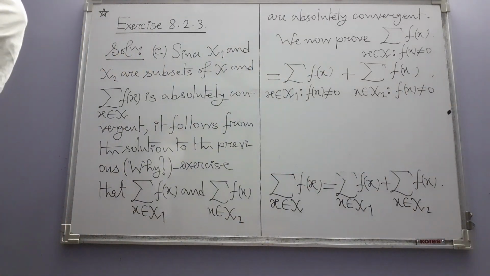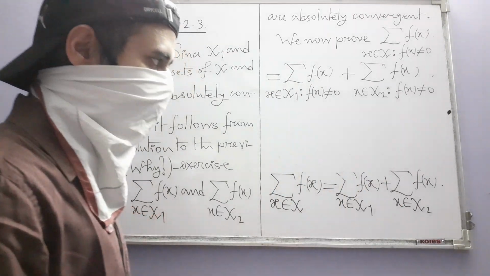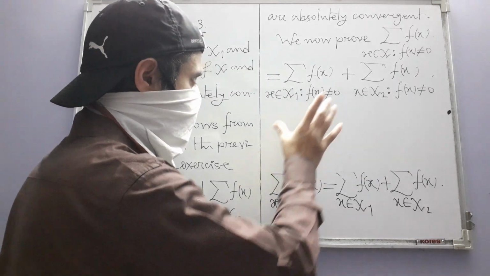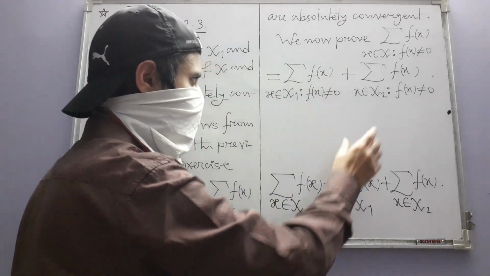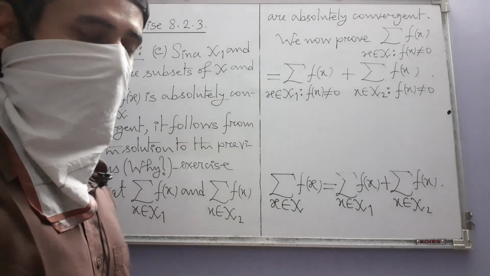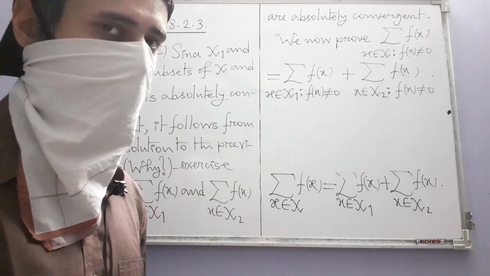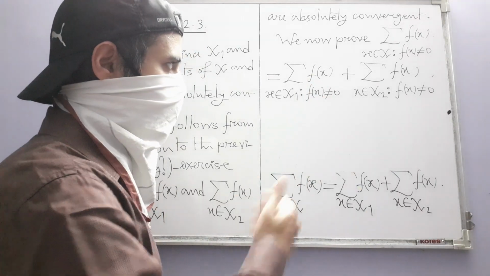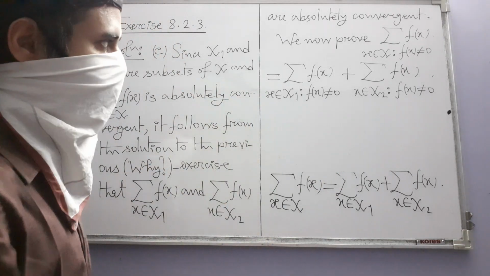Why? That's because absolute convergence of these sums implies by definition that this is the value of this, this is the value of this, and this is the value of this. In finding out the values, we do not of course consider the zero f values. We discard the zero f values and only consider the non-zero f values. So this is what we now have to prove.